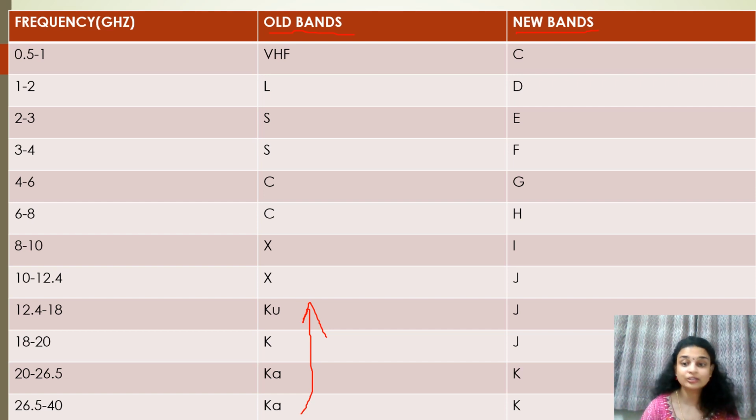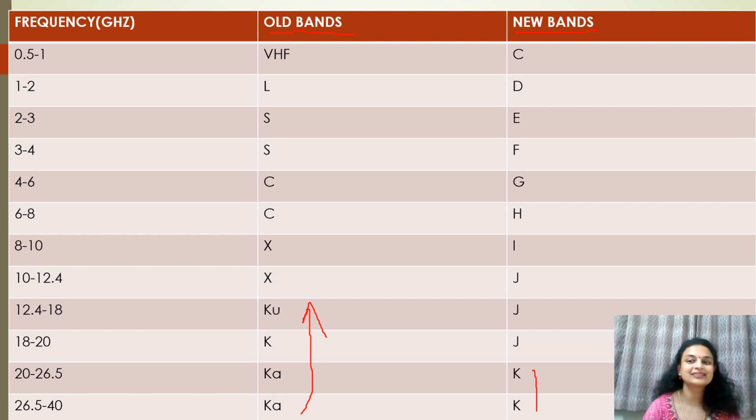So if you want to forget also, you will not forget. The new bands are written as A, B, C, D. Forget A and B. It starts from C, D, E, F, G, H, I, 3 jacks and 2 kings. If you love to play cards, then you never tend to forget the 3 jacks and of course the 2 kings. This is how the frequency bands are written.